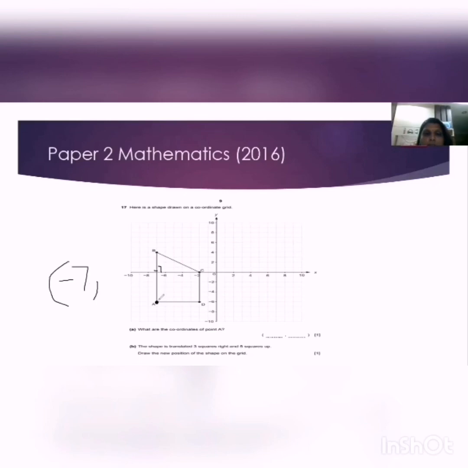Now, let's look at axis Y. This is axis X and this is axis Y. If you look at axis Y, the point is on -6. So the coordinate of point A is -7 and -6.